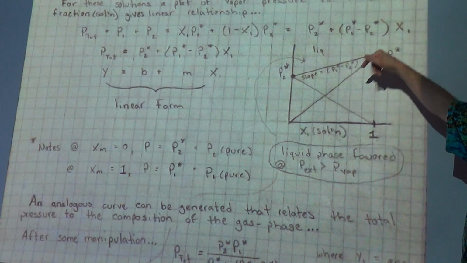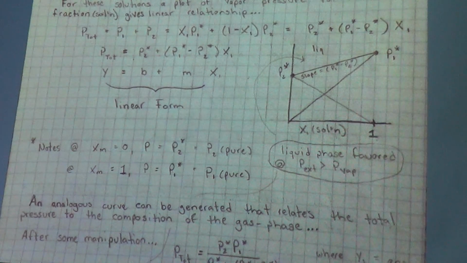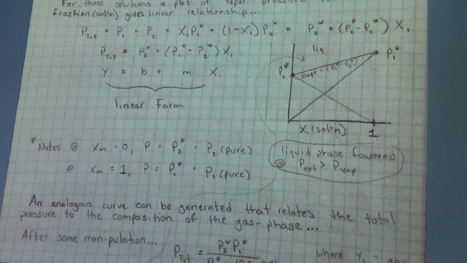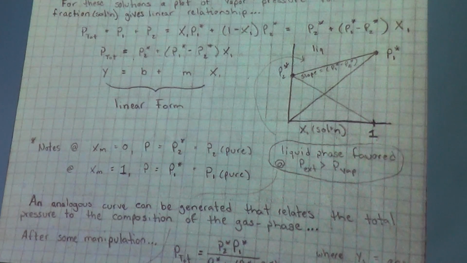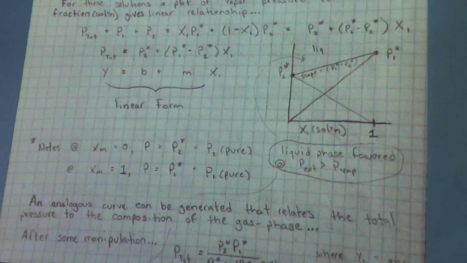And similarly, if we lower the pressure below the vapor pressure of the solution, then we're going to end up favoring the gas phase, because the solution is pushing out at us harder than the external environment is pushing back, and so the gas will expand against the external environment and it'll drive it all the way into the gas phase.